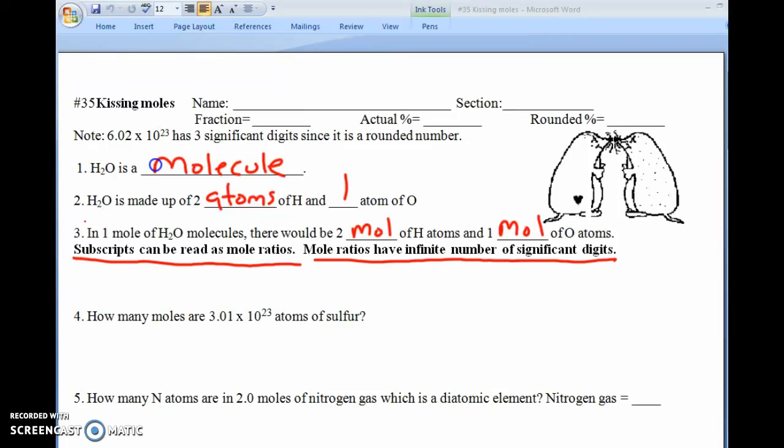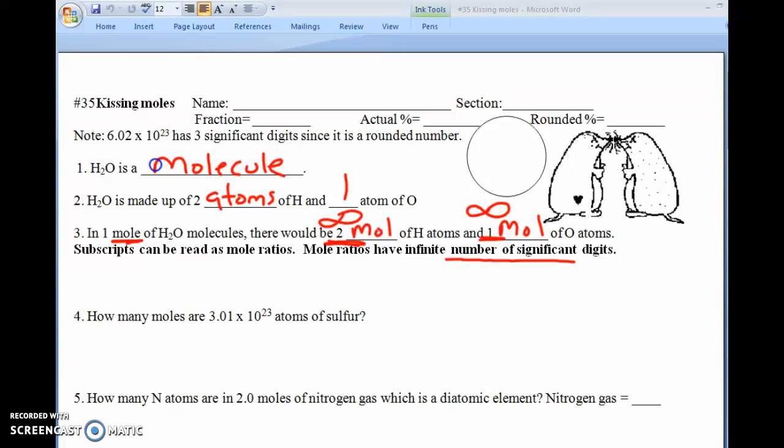So going back to question 3, in 1 mole of water molecules, there are 2, which is an infinite number of sig figs, moles of hydrogen atoms, and 1 mole of oxygen atoms. Again, infinite sig figs here, infinite sig figs here. Let me erase that, and we'll start the mathematical problems.